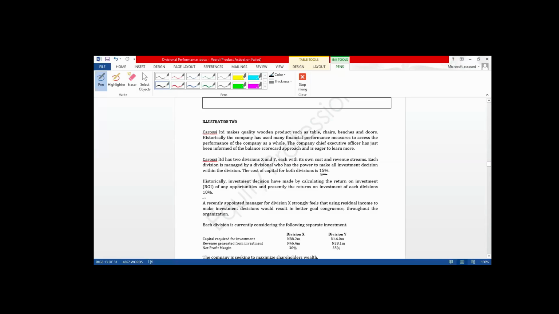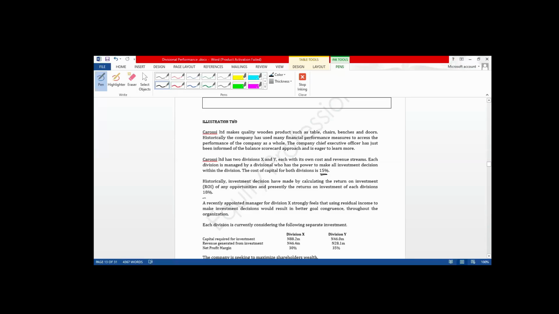This company, Dangote, is a conglomerate company. The company is operated along divisional structure. We now look at divisional performance evaluation.